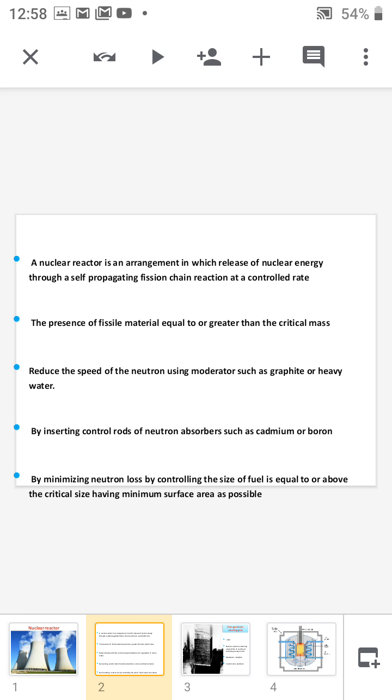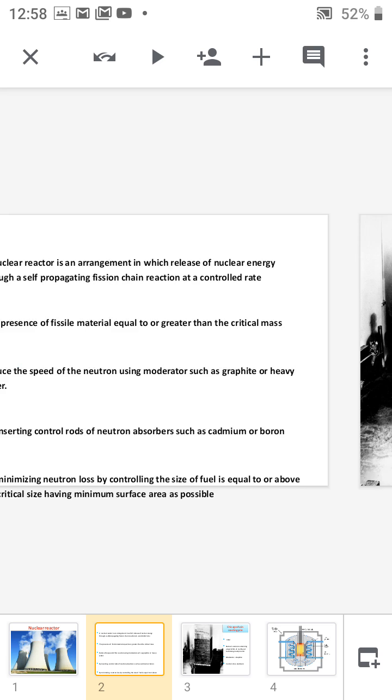And the last one, we have to minimize the neutron loss by controlling the size of the fissionable material and surface area. We have to reduce the surface area to a minimum. So that's why we make the fissionable material in the form of a sphere.